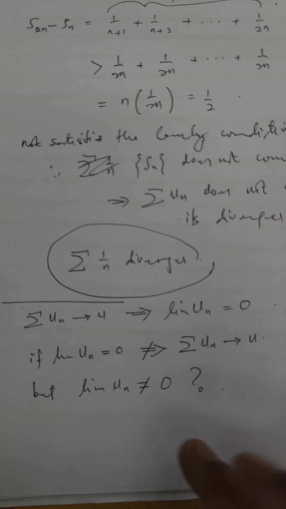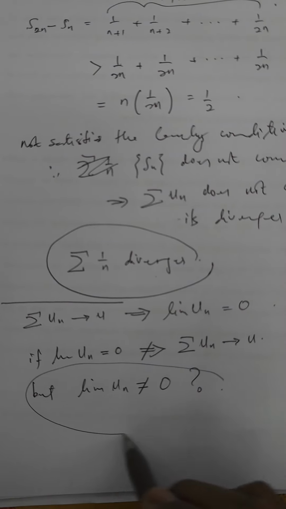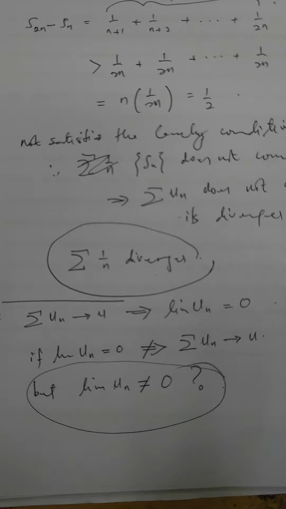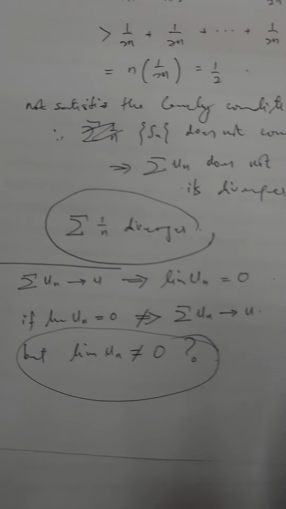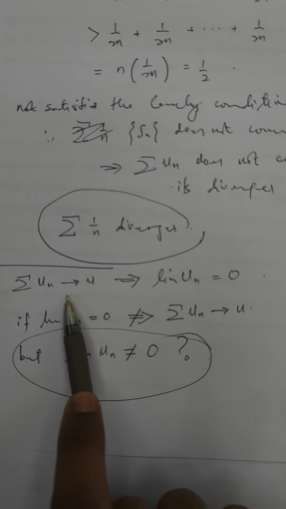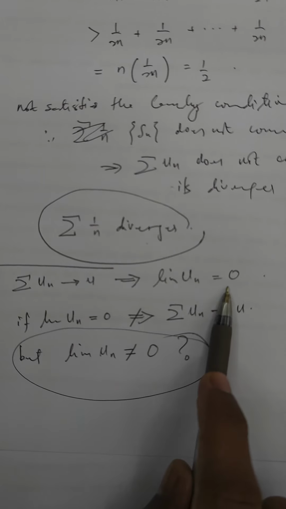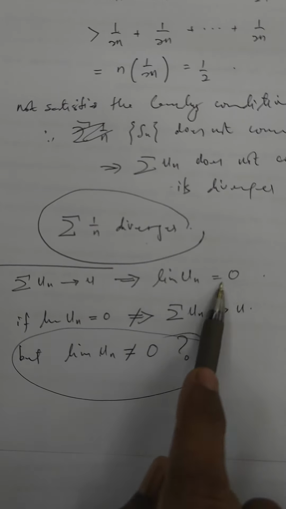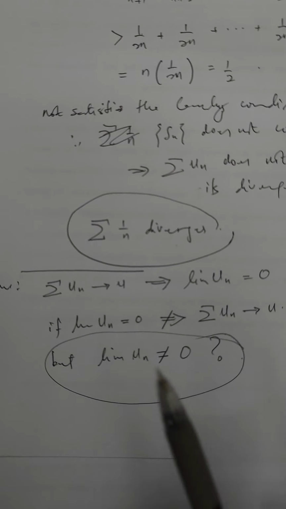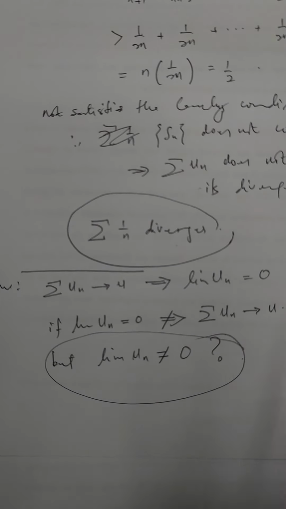Let's see a couple of examples that deal with that kind of situation. Let me give you a contrapositive example. The theorem says that if the series converges, the limit is 0. We also know that if the limit is 0, the series does not necessarily converge.